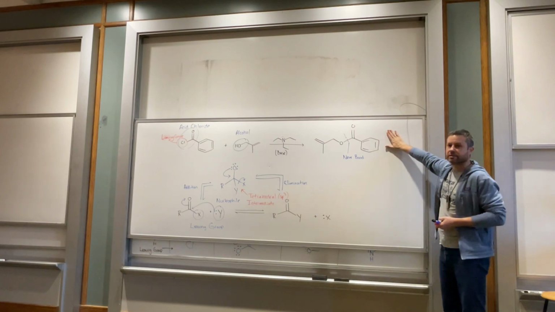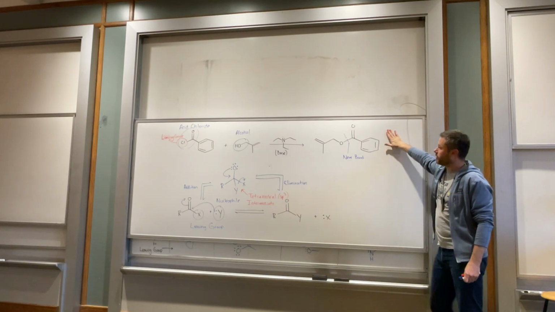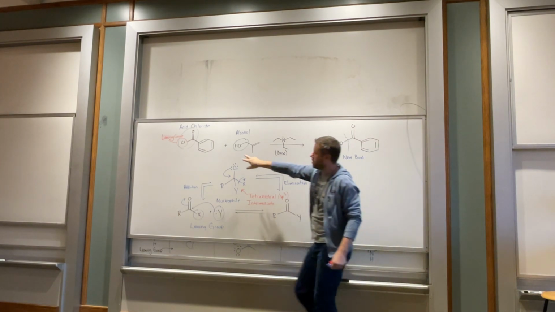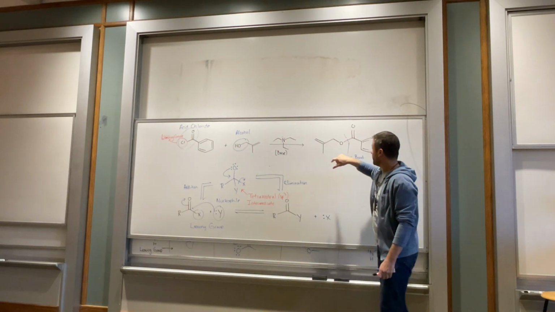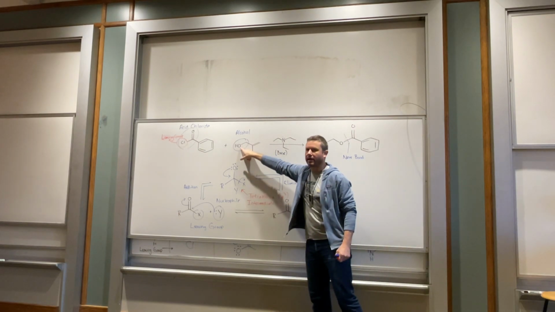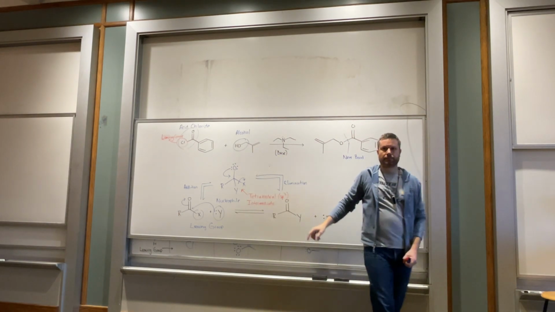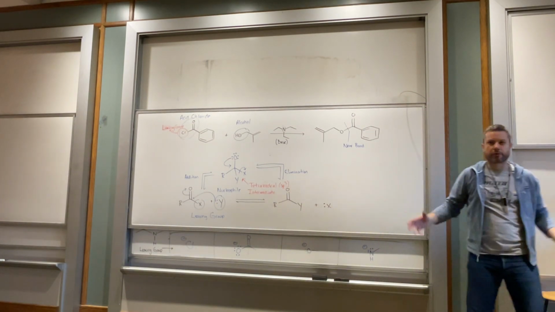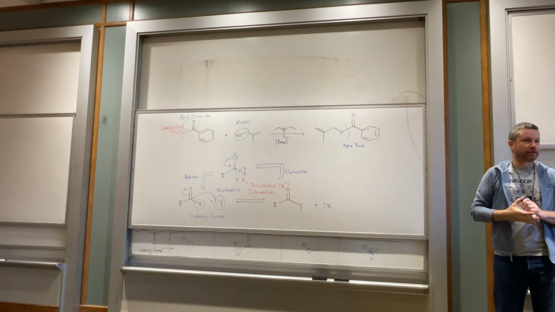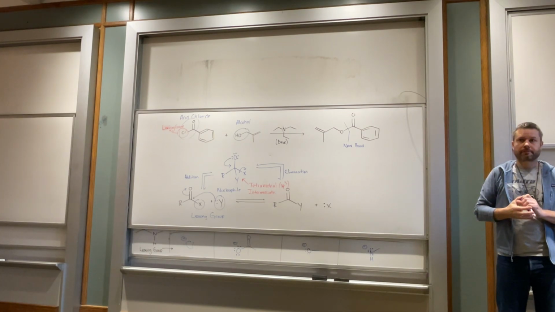So in terms of the product, this is going to be the product. And you can see that the carbonyl carbon-chlorine bond that was broken got rid of the chlorine, right? And we replaced it with the oxygen of the alcohol. Any questions? Everybody sees how these two molecules are coming together? Yeah? Okay.